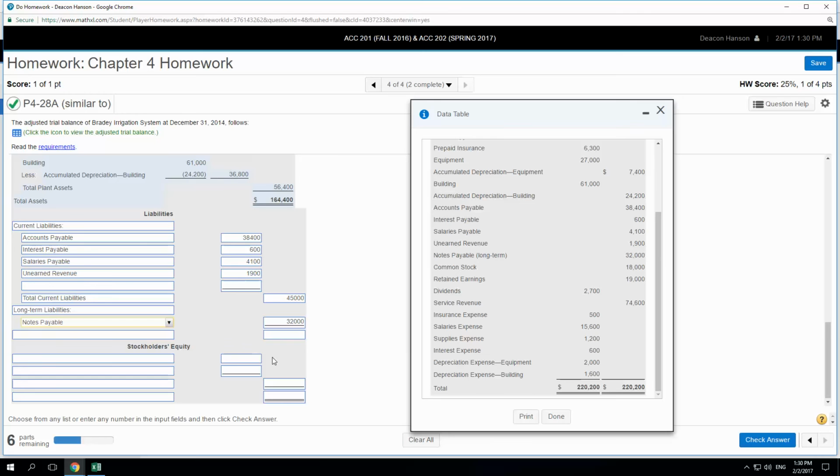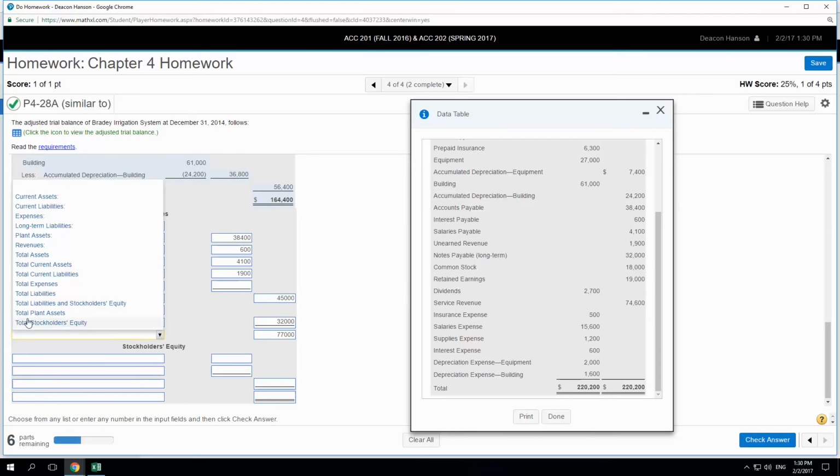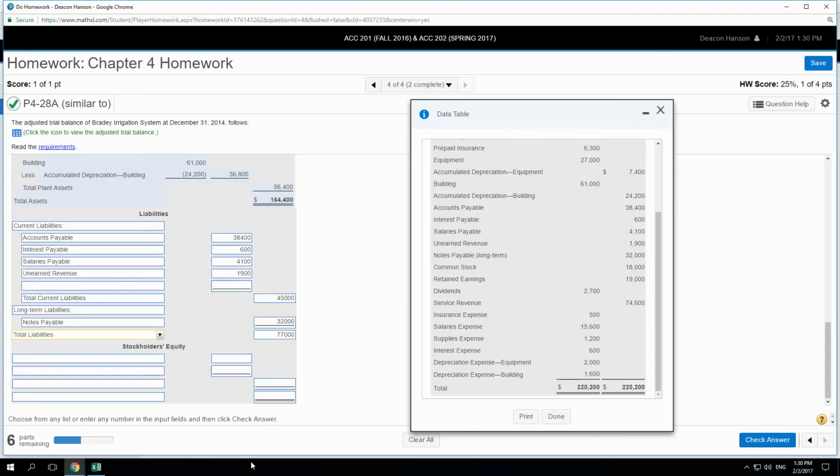And since there's only one long-term liability, because the next thing is common stock, and that's in the equity section, we're going to just call that the total long-term liabilities, 32,000, and we can add that to the 45,000. So we'll have 77,000 in total liabilities. Okay? And then make sure, at least with your homework here, don't hit enter yet, because we still have to do the equity section, right?